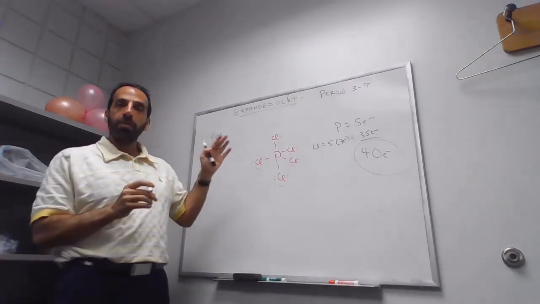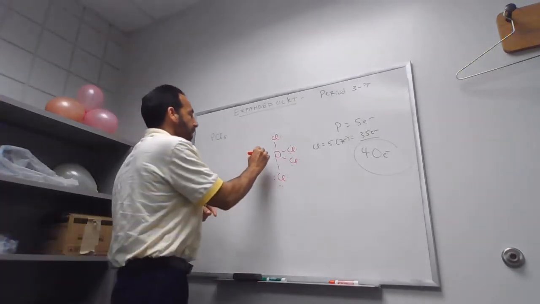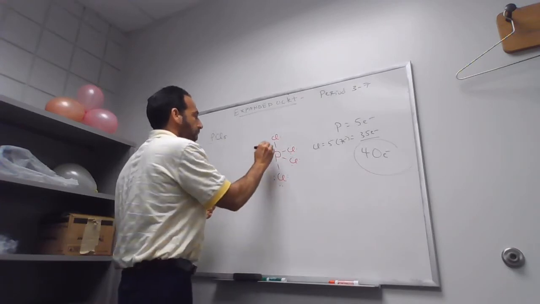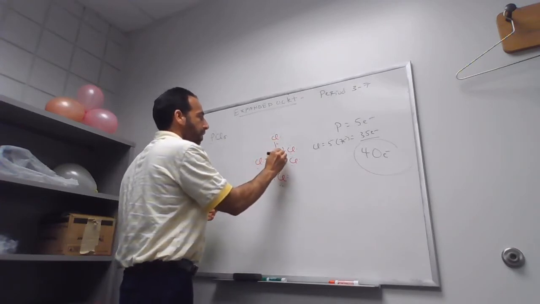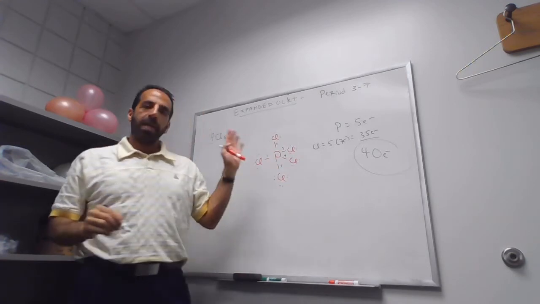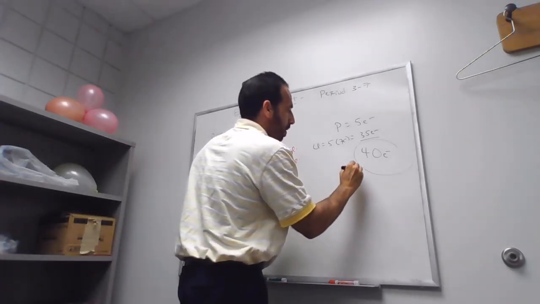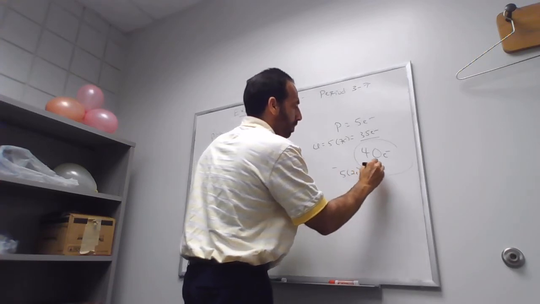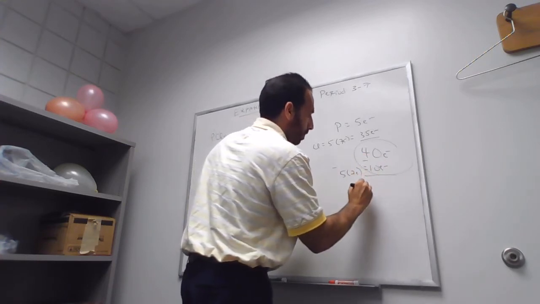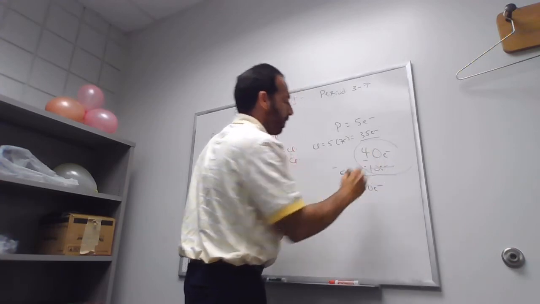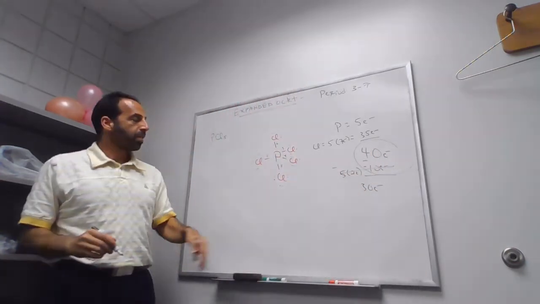Let's count up how many I've used so far. I got 5 bonds: 1, 2, 3, 4, 5. Each one has 2 electrons, so 5 times 2 electrons. Let's subtract this. Okay, I'm down to 30 electrons.